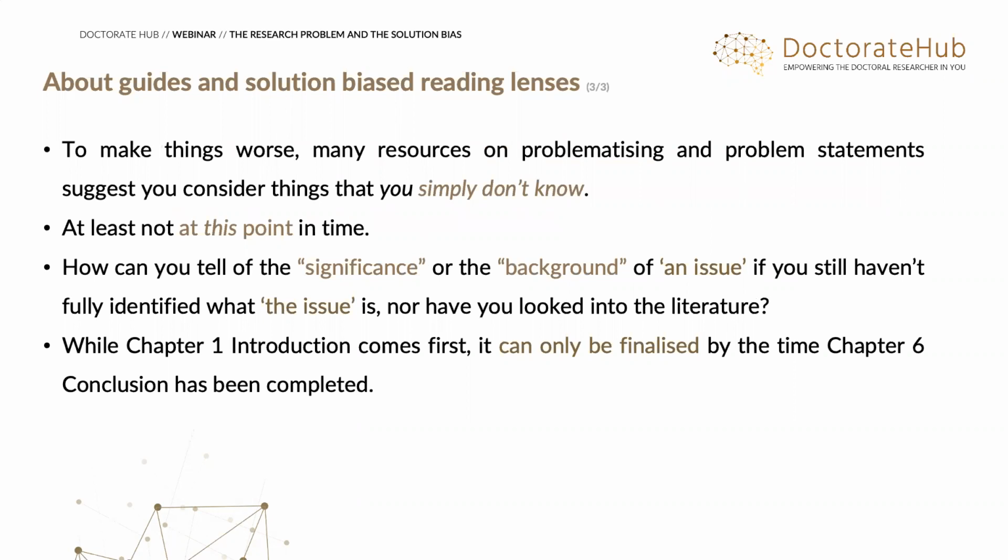Now, to make it worse, many resources on problematizing and problem statements suggest you to consider things that you simply don't know, at least not once you start. For example, how can you tell about the significance or the background of an issue if you still haven't fully understood the issue? On the other hand, what you do know is the outcome expectation, which is very clear to you.